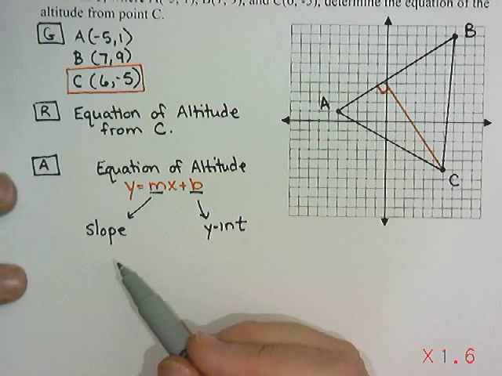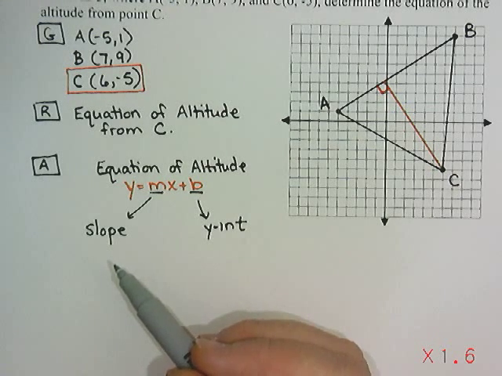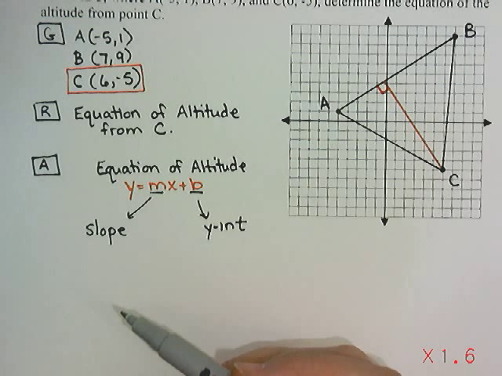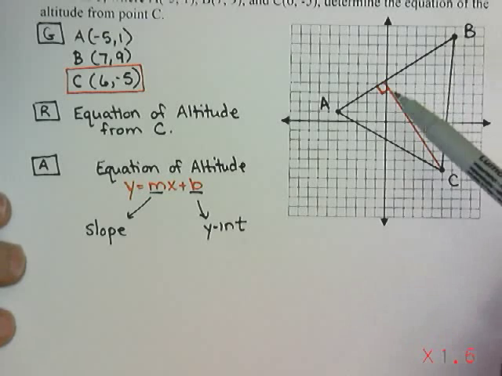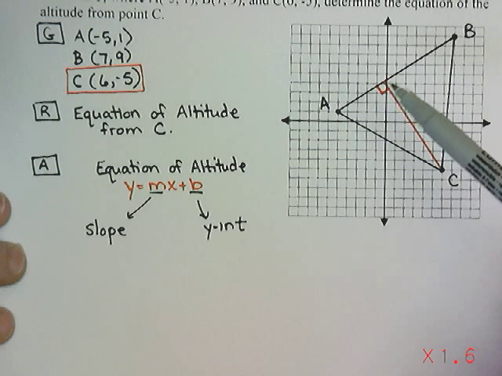To find slope, we could use delta y over delta x, or y2 minus y1 over x2 minus x1. But in order to use that formula, you have to have 2 points on the altitude. So I know point C, but I don't really know the point where these two lines meet.